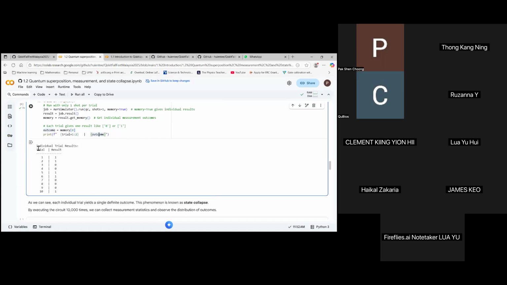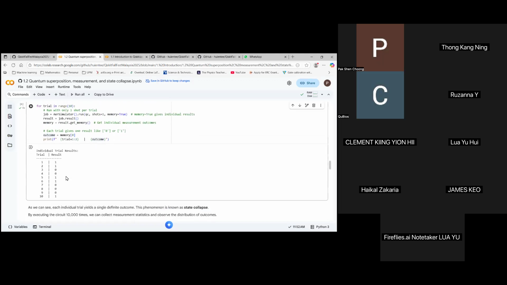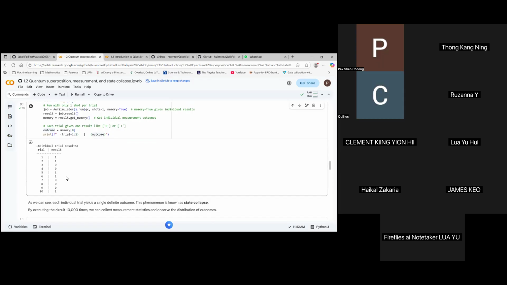Okay, so as you can see, the trial result we printed here, if you count clearly, 1, 2, 3, 4, 5, you can see there are only 5 ones and there are also only 5 zeros. So what does this mean? This means that our probability of getting the 0 state and 1 state is 0.5 and 0.5 for each.